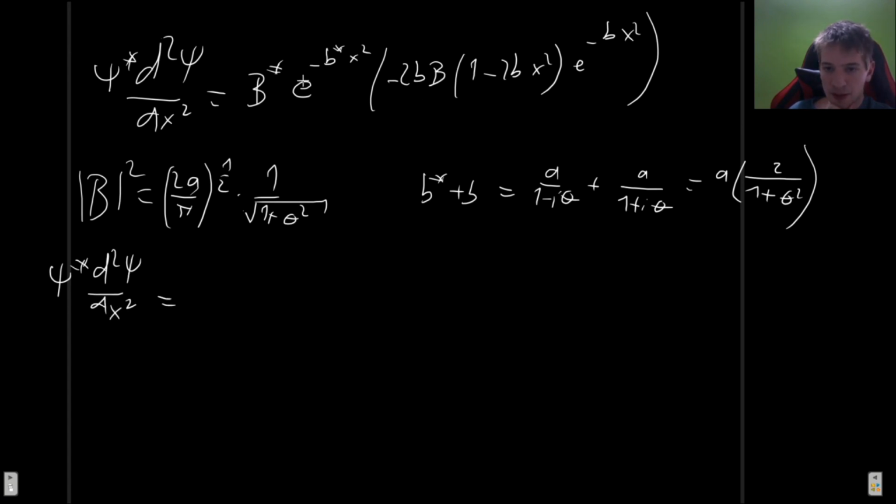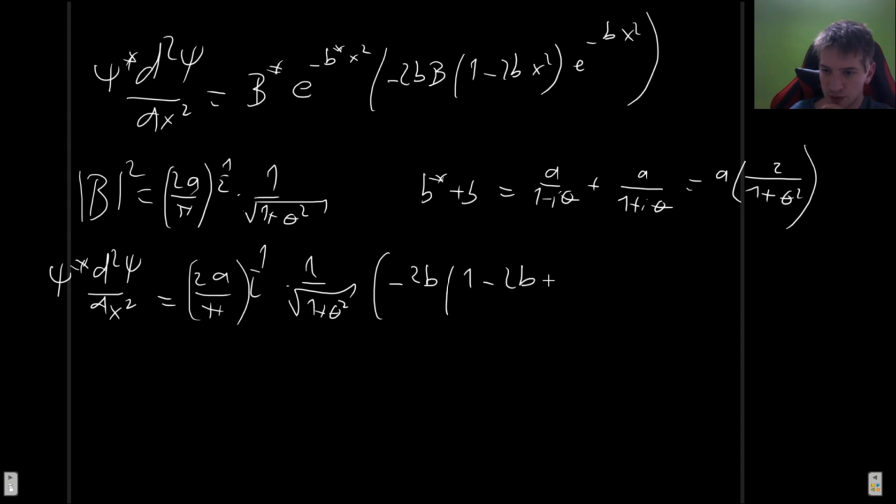So the b's will multiply, so we get 2a over pi to the 1/2 power times 1 divided by square root of 1 plus theta squared. Then we got this whole parenthesis thing going on, minus small b, 1 minus 2b x squared, and the exponentials now are going to be e to the minus 2a divided by 1 plus theta squared, x squared.